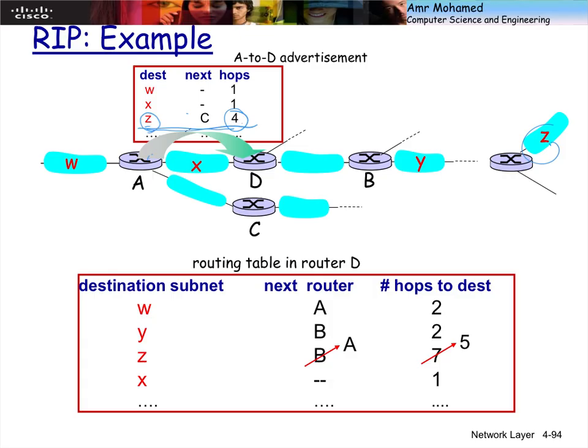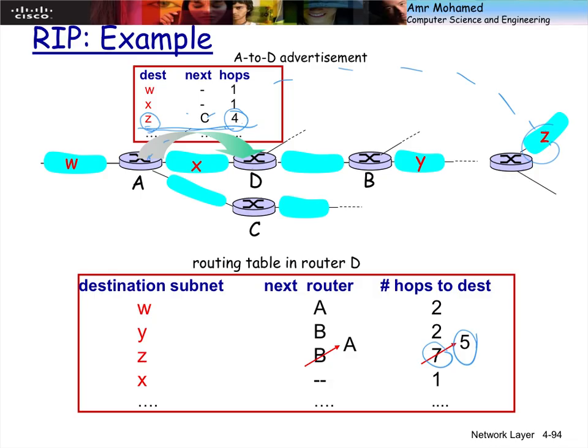How does this happen? Router A happens to have an indirect link to Z, which currently has become available. So in that case, router D will say, okay, is it 7 or 4 plus 1? So now it's 5, 4 plus 1. This way I can report the distances, and I can apply Bellman-Ford as we have done before.